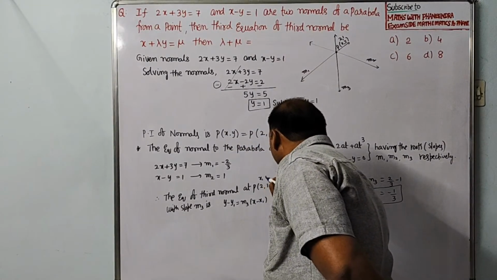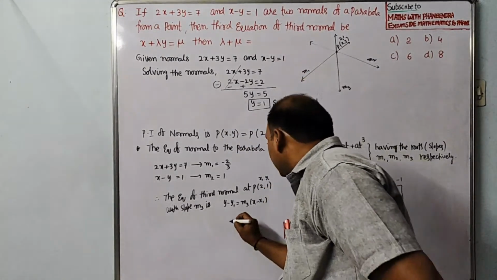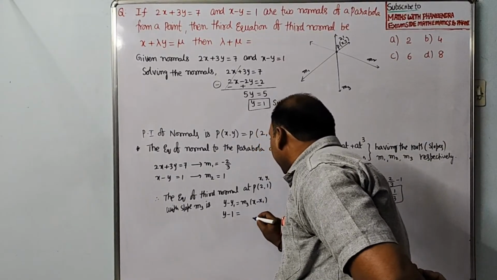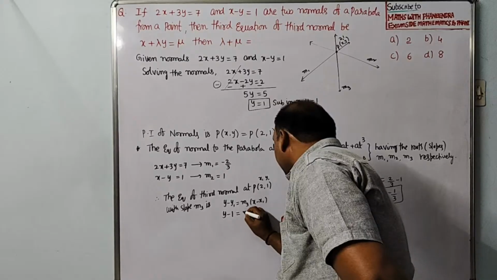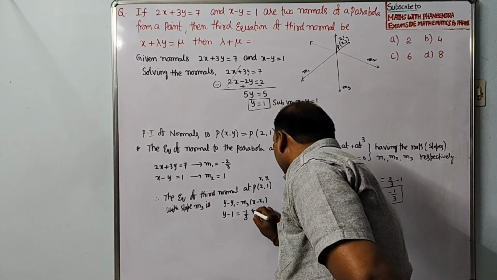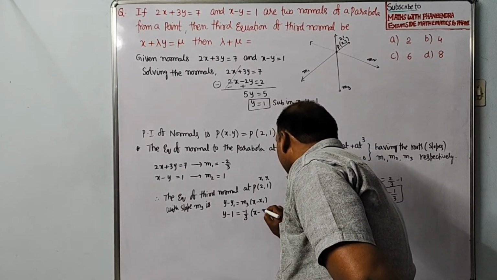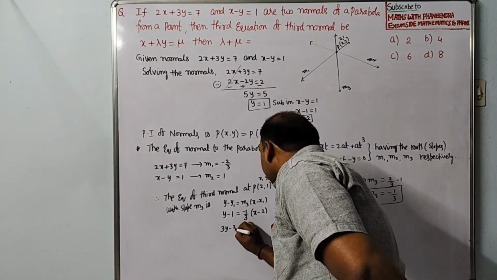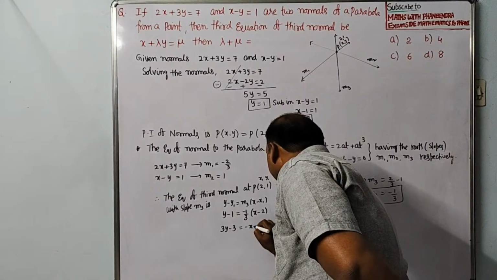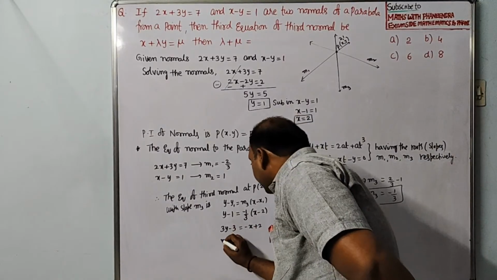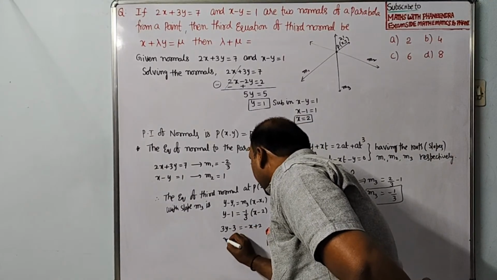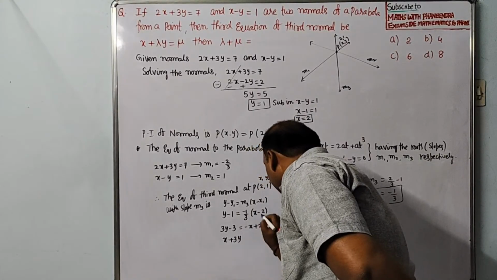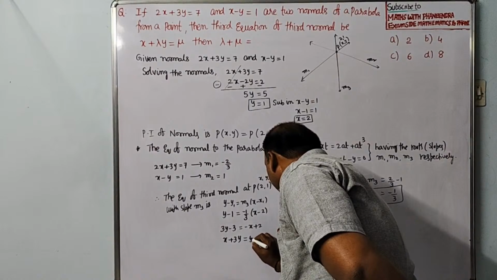So y minus 1 is equal to m3, that is minus 1 by 3, into x minus 2. So 3y minus 3 equals minus x plus 2. Bringing these values to this side: x plus 3y equal to 3 plus 2, which is 5.